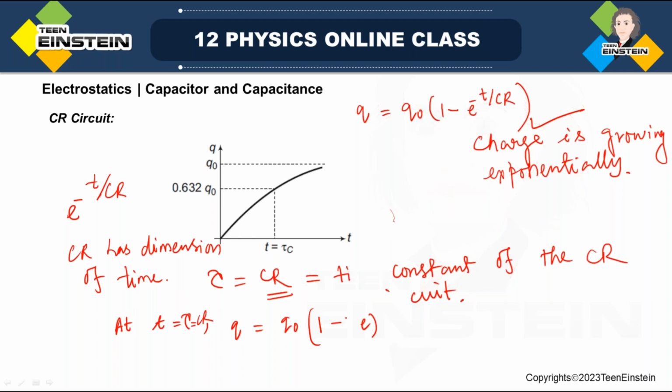So 1 minus 1 over e. Look at this here. At t is equal to tau, Q will be Q0 into 1 minus 1 over e. And this is exactly, we can write the value.